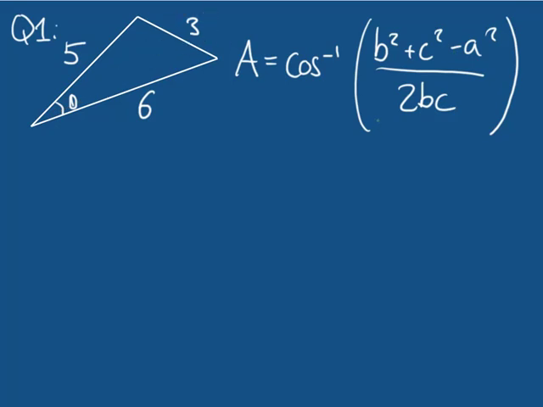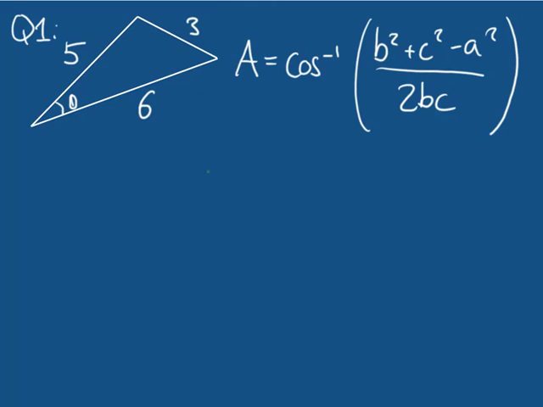The most important part is that when we put our numbers into this equation, we make sure this edge, a, gets a length of 3. The other two edges are b and c, and it doesn't matter which is which. I'm going to say the edge of length 5 is b and the edge of length 6 is c, as long as a is the edge opposite our angle A. That goes right back to the naming convention we used when we first proved our sine and cosine rules.